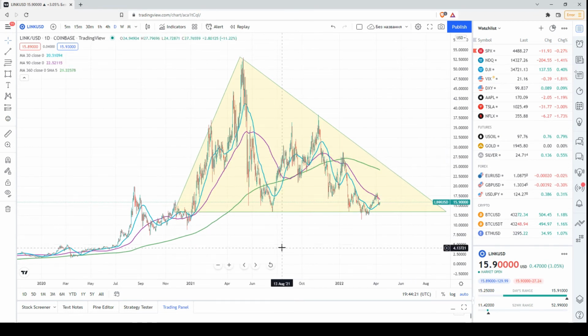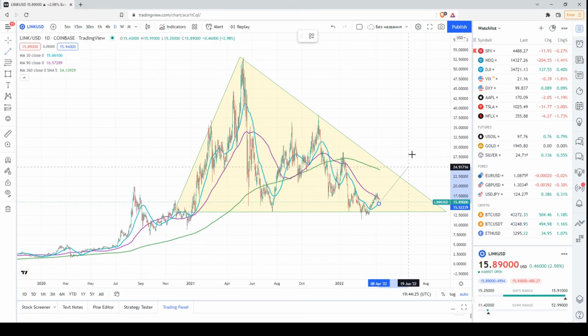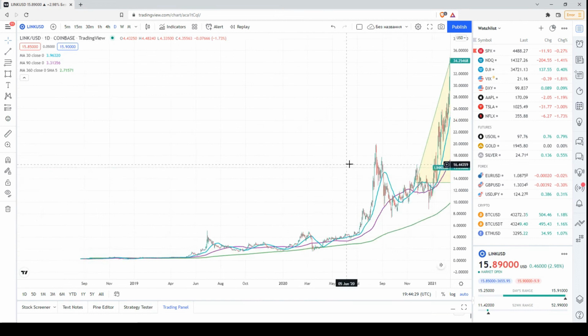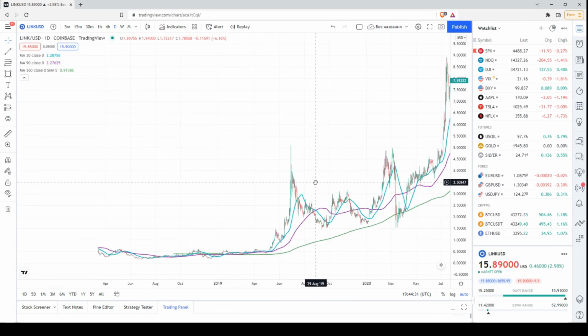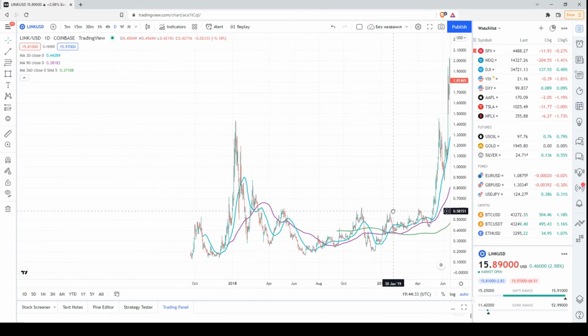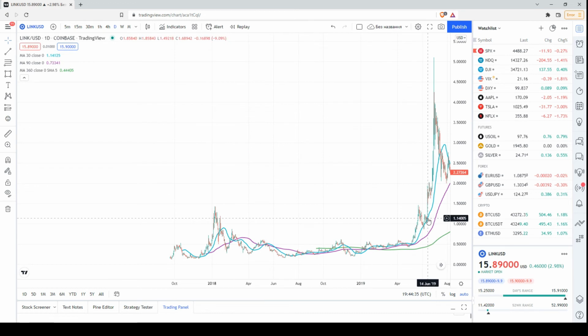It's better for me to enter the market when the price is above all three key moving averages, and in addition we have a bullish moving average distribution. So something like this, when the 30-day moving average is at the top, then is the 3-month moving average, and at the bottom is the 1-year moving average.